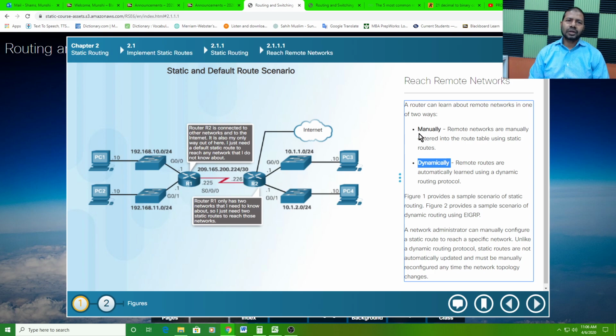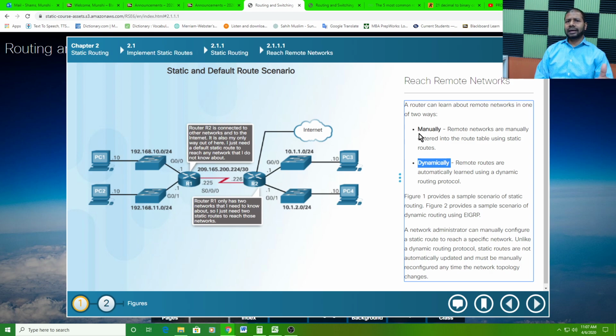Manually means you, being the network administrator, can write down an entry, a line, on the routing table. The router is going to mark that line with an S in the very beginning of the line. That means it's static, it's manually written, and it is going to have an administrative distance of 1, meaning it's a very preferable, strong route, very reliable, because a human has written it.